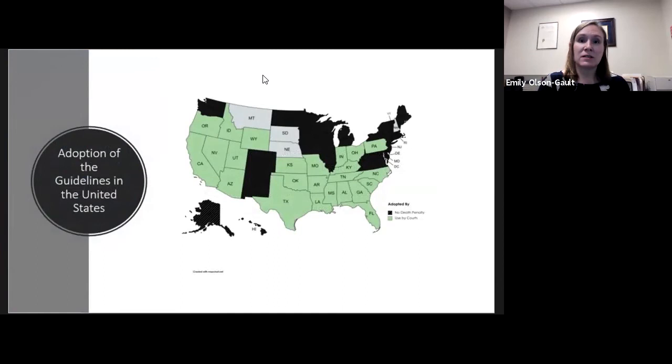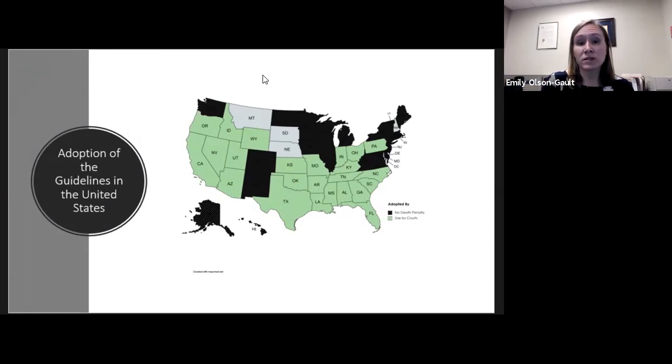So virtually all states that actively use the death penalty, their state courts are looking to the guidelines as a point of comparison when looking at trial counsel's performance to see, did counsel do what they were professionally obligated to do in this case? And if not, then there is the possibility that the death sentence will be reversed and the case will be sent back for a new trial. This is representing the state court system.